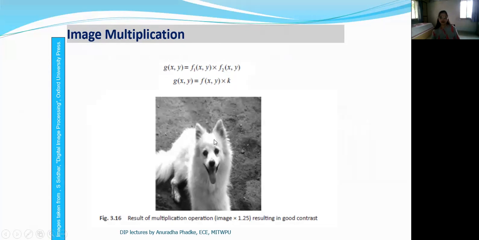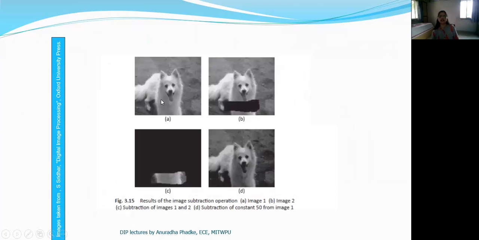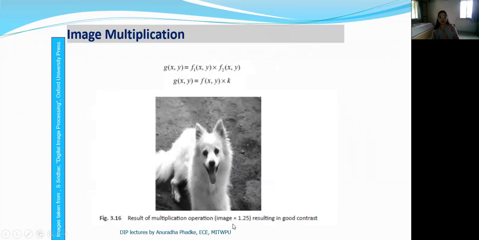This particular result is obtained by multiplying the original image by a constant value, say 1.25. If we multiply the original image by 1.25, we get this image which is slightly brighter than the original. Because of multiplication by 1.25, every pixel value is brightened.